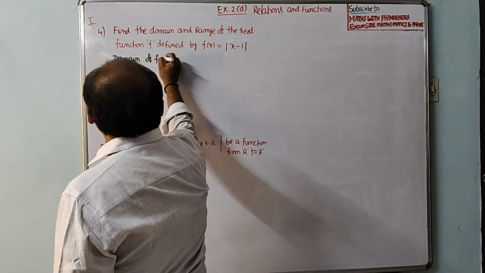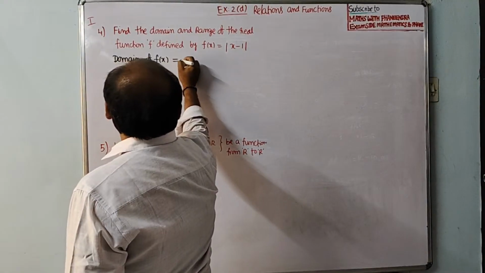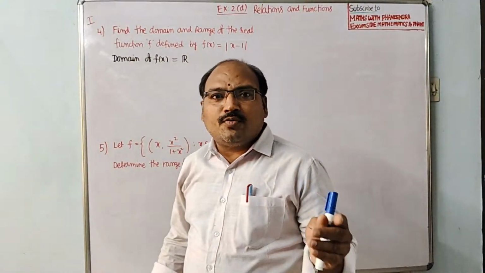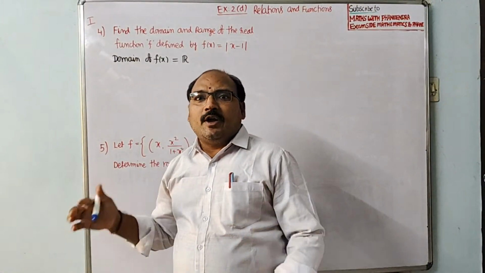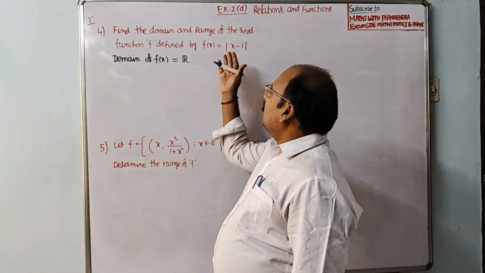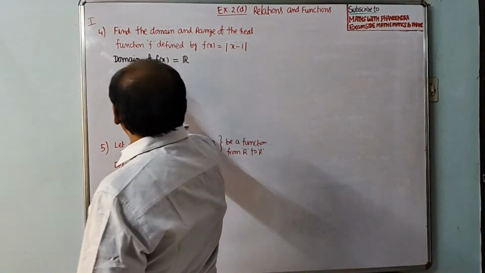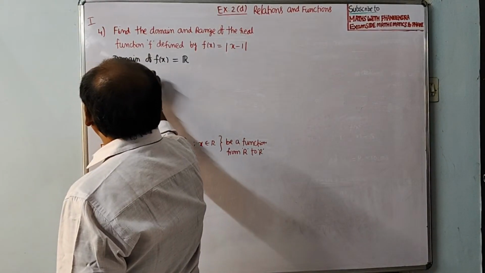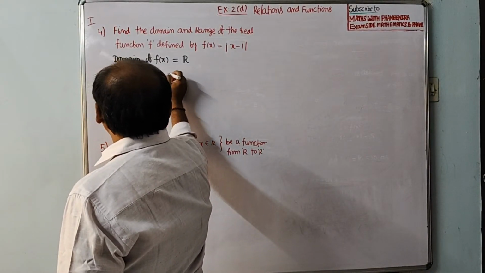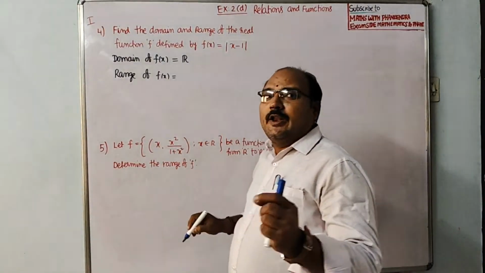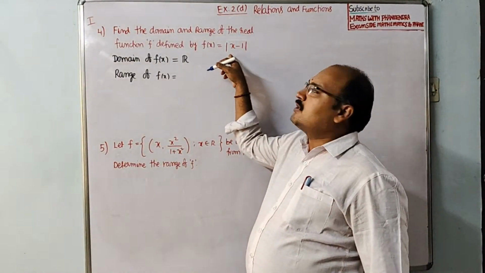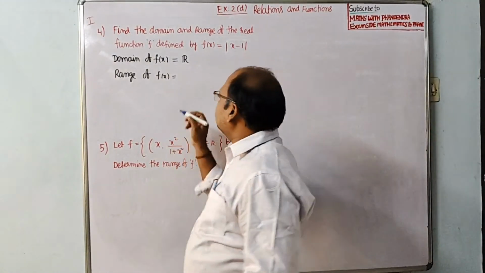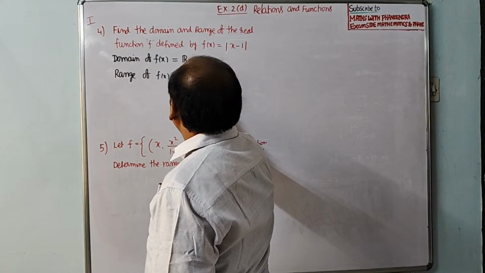Domain of f of x is equal to real numbers. That means in real numbers, from minus infinity to plus infinity, any value comes. If you substitute the domain values in this range of f of x, if you take negative values from real numbers, since it is modulus, it will become non-negative.